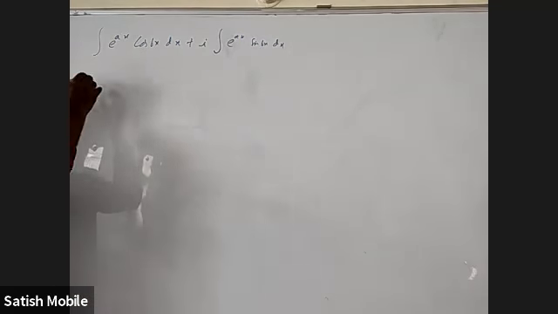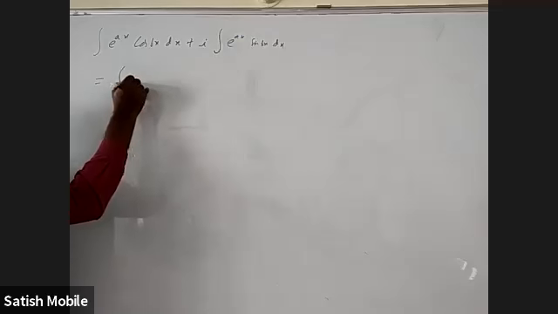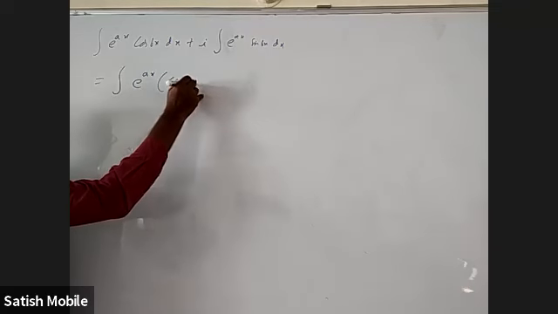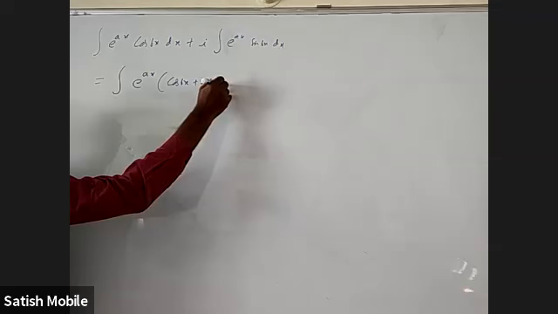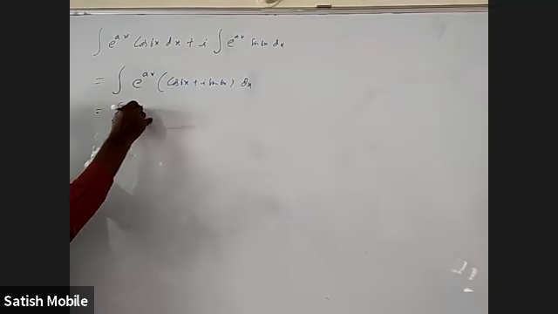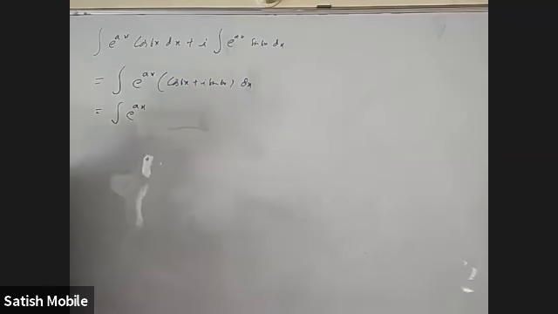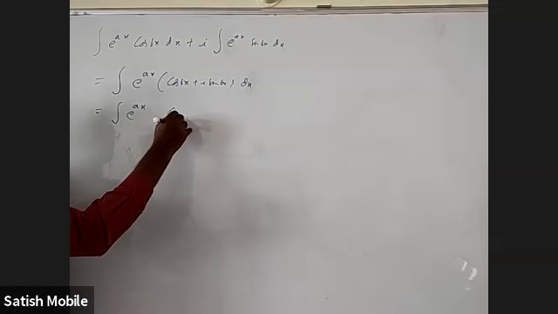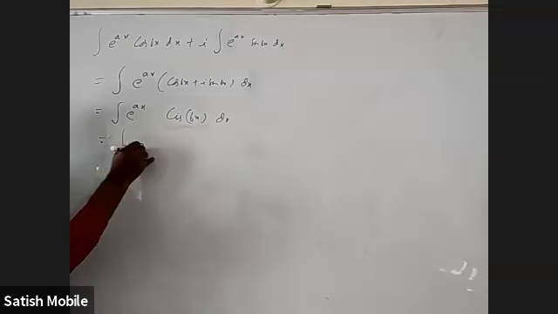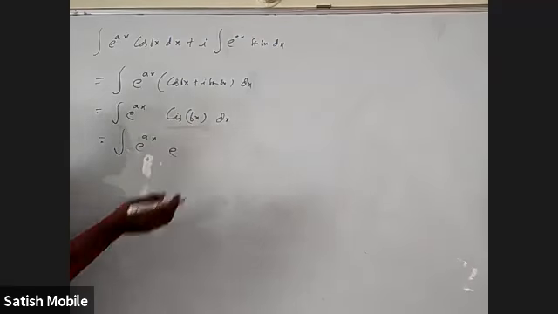Right? Okay. So if I take e power ax common, I can write cos bx plus i sin bx dx. Cos theta plus i sin theta is cis theta, so this is cis bx, which is e power i bx, since cis theta is e power i theta.